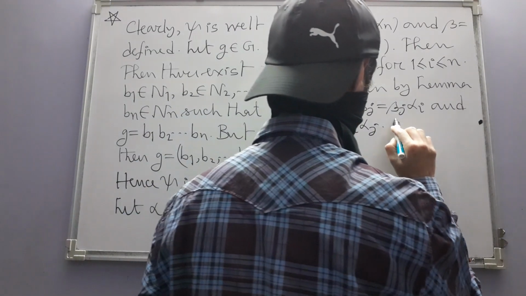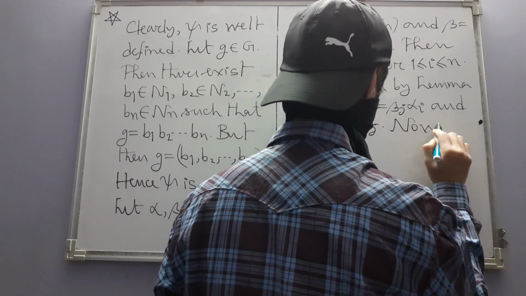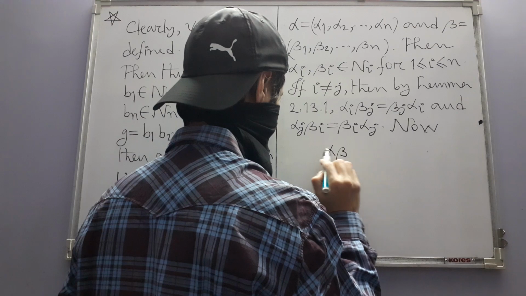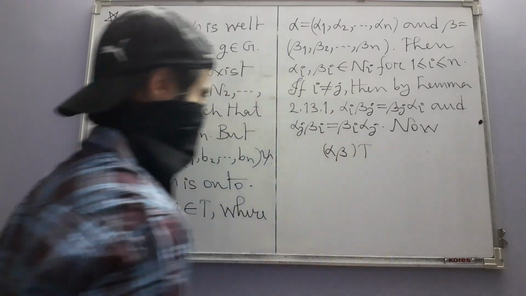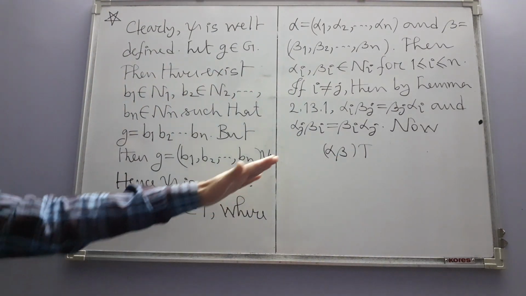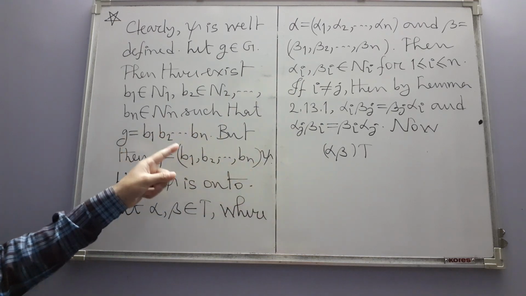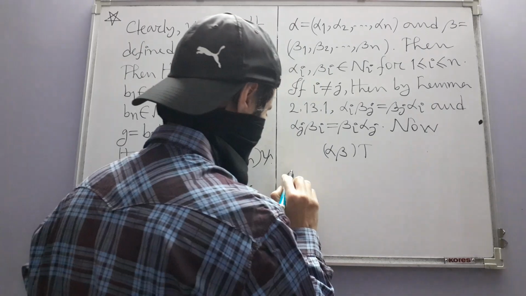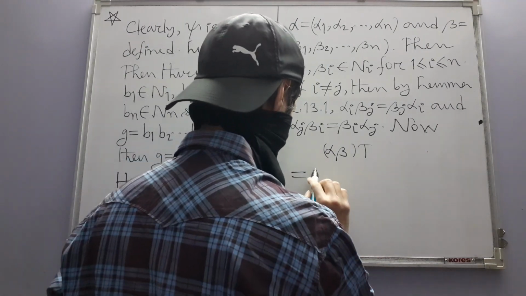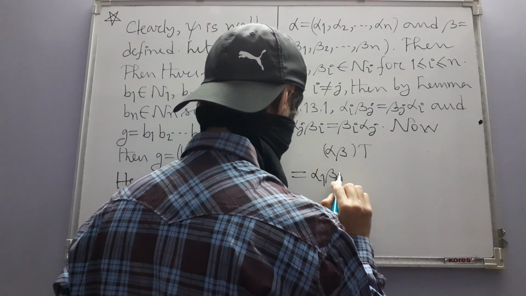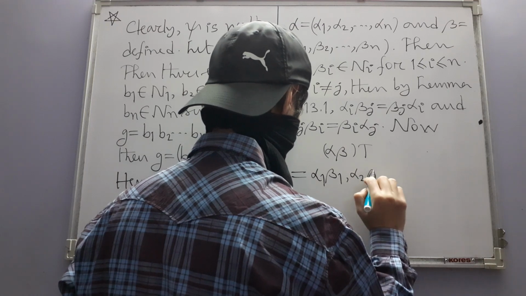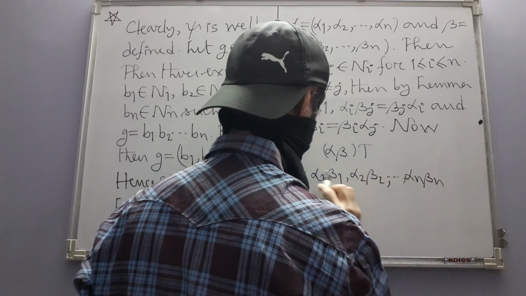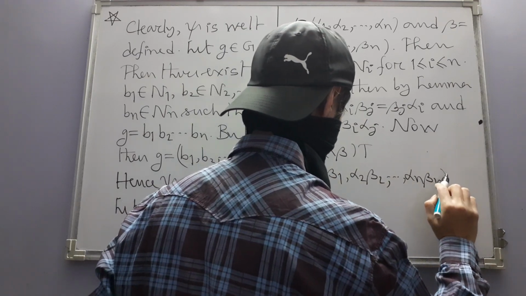Now, what is going to be alpha beta? If you calculate alpha beta in the external direct product T, then that will be this n-tuple: alpha 1 beta 1, alpha 2 beta 2, and so on, alpha n beta n.